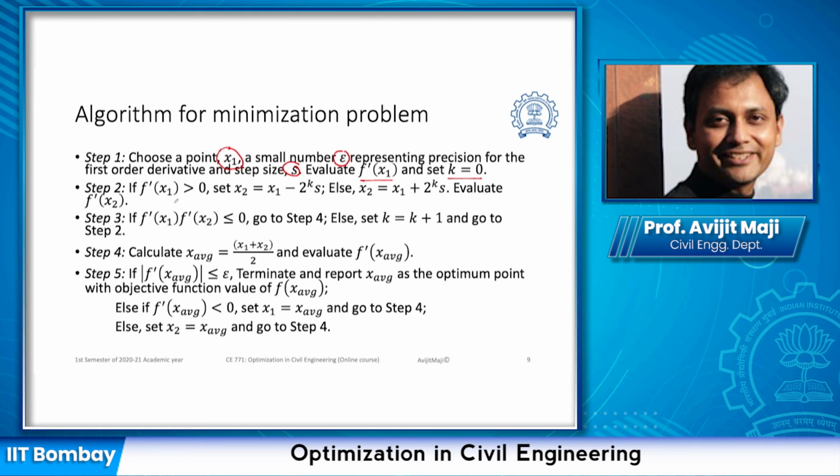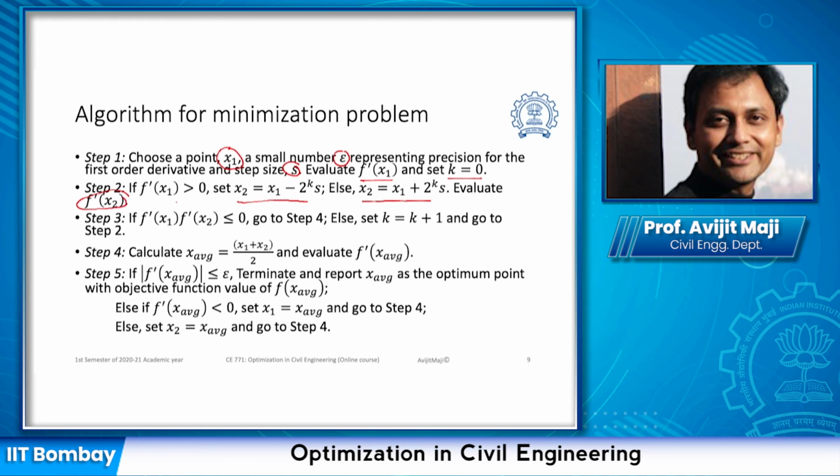If the slope is positive, then we need to go in the opposite direction for the second point, so we set this. Otherwise, we go in the same direction, we set this, and find the first order derivative at the new point.